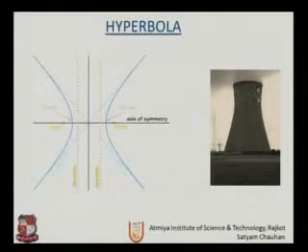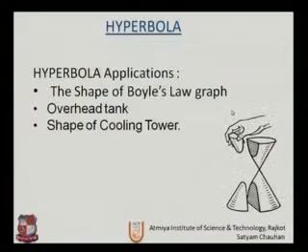As we can see, the edges of a cooling tower look like a hyperbola. Another application, Boyle's law graph is explained by drawing a hyperbola. Overhead tank and the shape of the cooling tower, as we saw before, are applications of hyperbola.